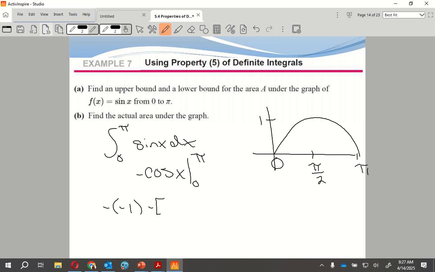Now it's going to be -1 because of that minus on the outside. So two negatives make a positive, and altogether my total area under the curve is going to be 2 units squared. Putting units squared is important, especially if it specifically asks for the area.